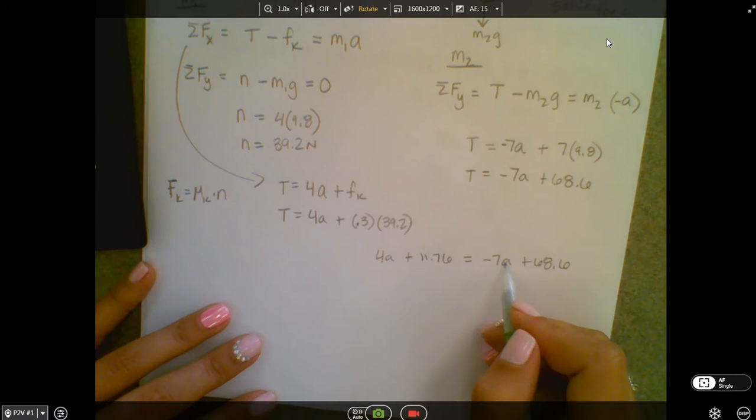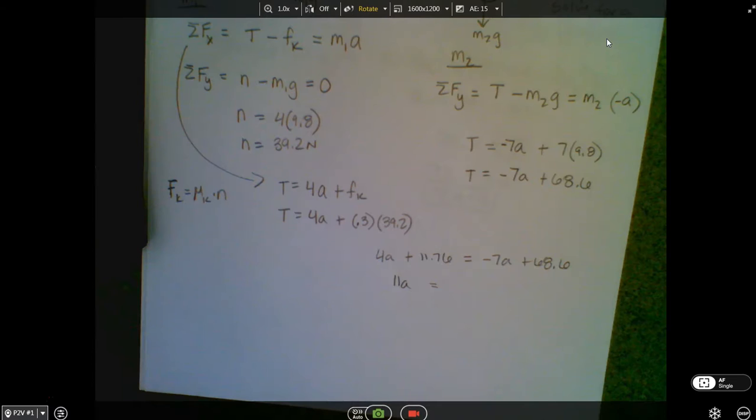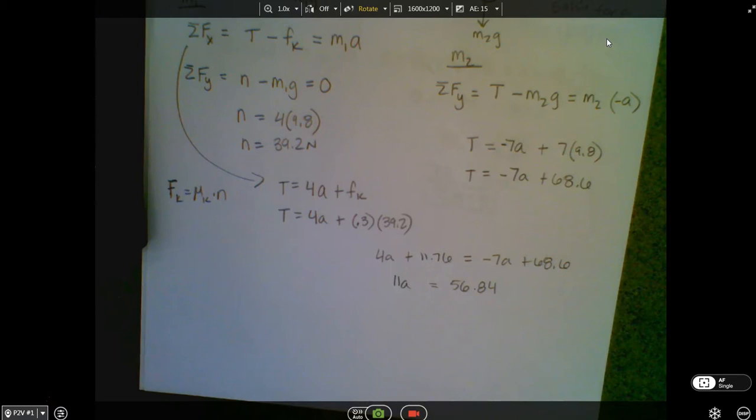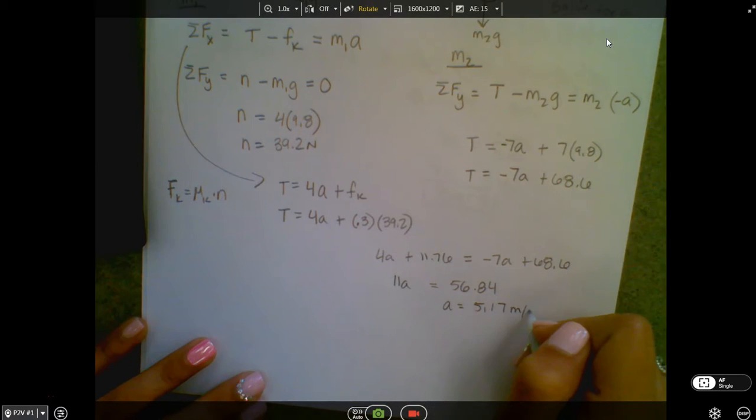So let's combine like terms. I'm going to add the 7 here, so I'll get 11a equals, and then I'll do 68.6 minus 11.76, and I get 56.84. Divide by 11. So I get a equals 5.17 meters per second squared.